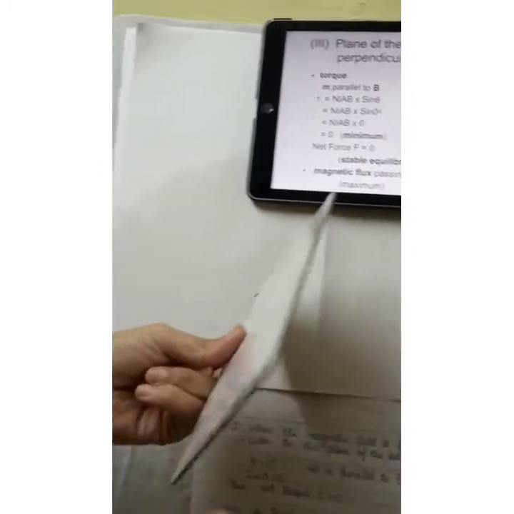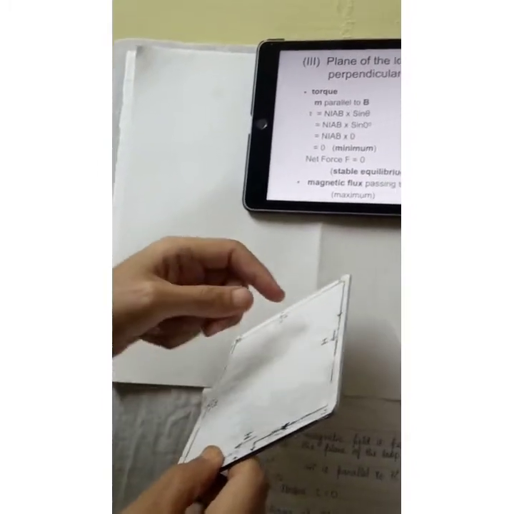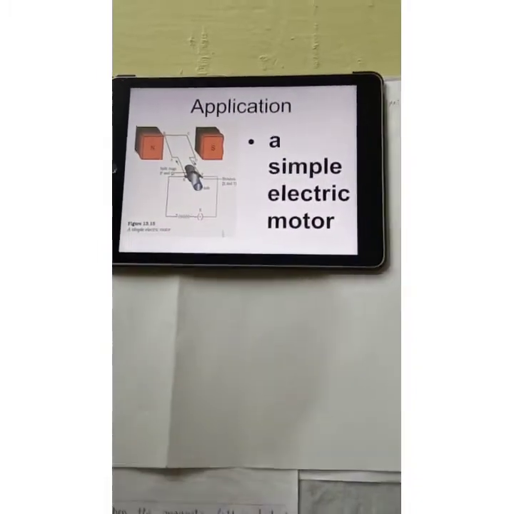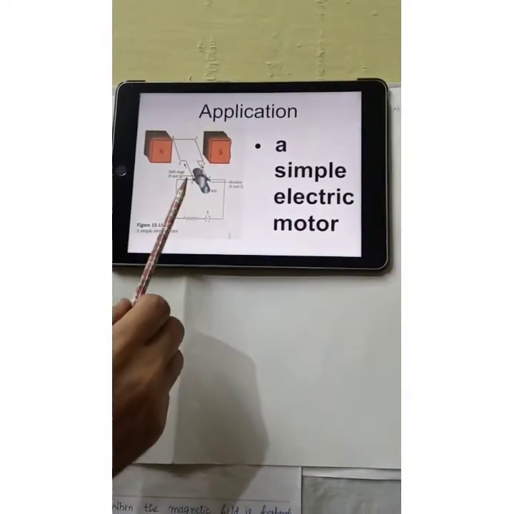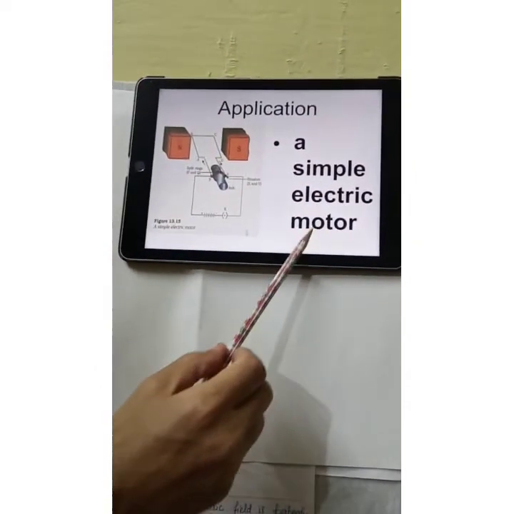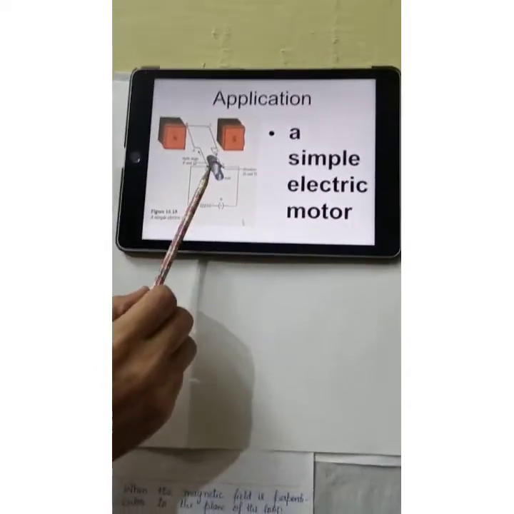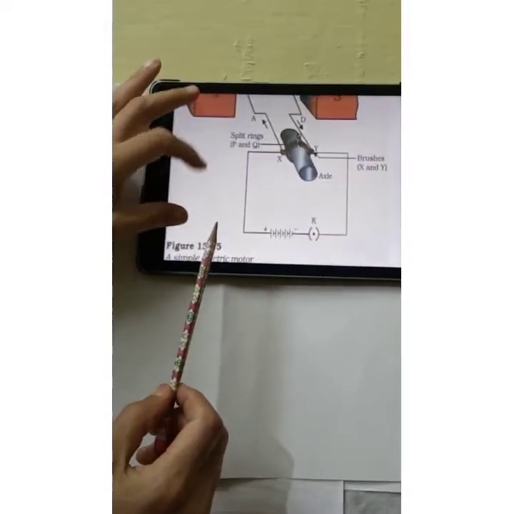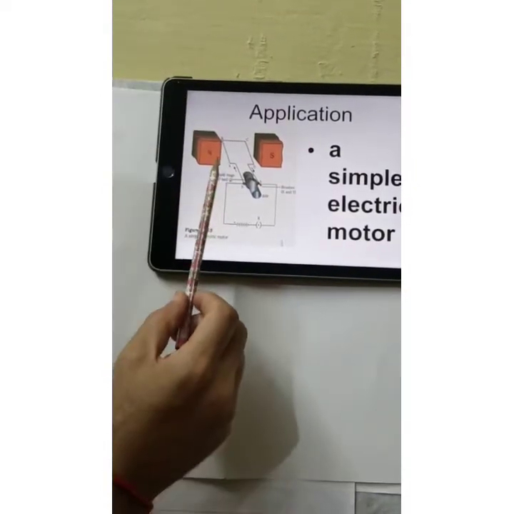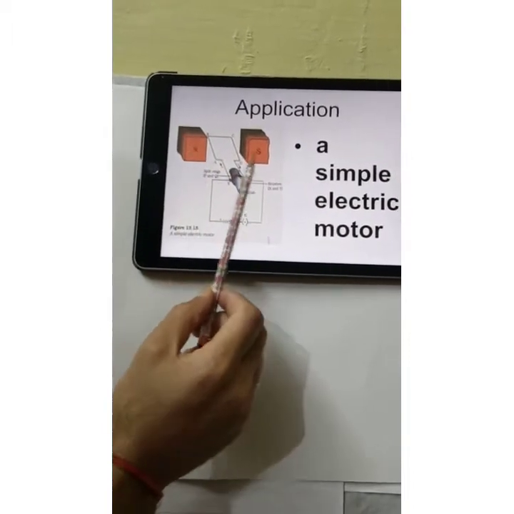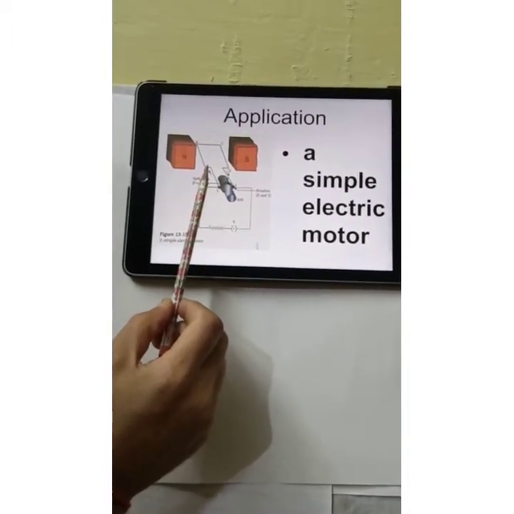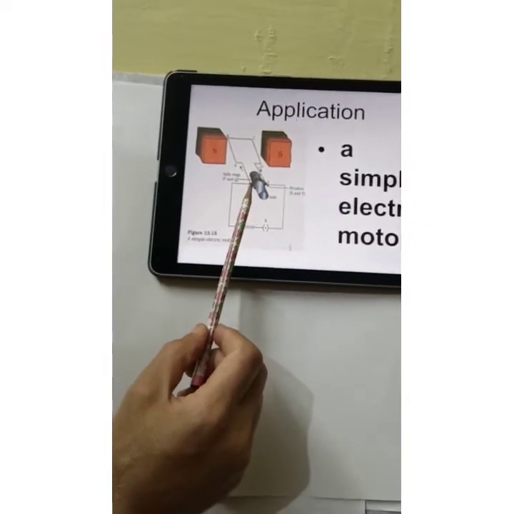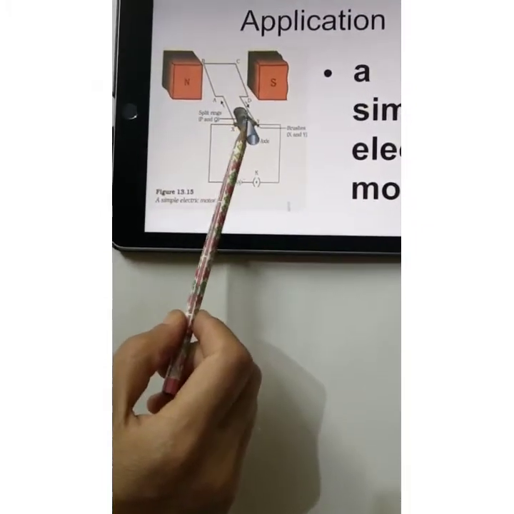So this is done by the help of split rings provided in this simple electric motor. This split ring. In this diagram we see that these are the two permanent magnets. This is a coil connected with the brushes and split rings.